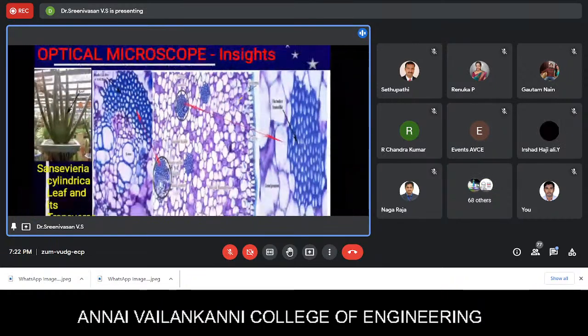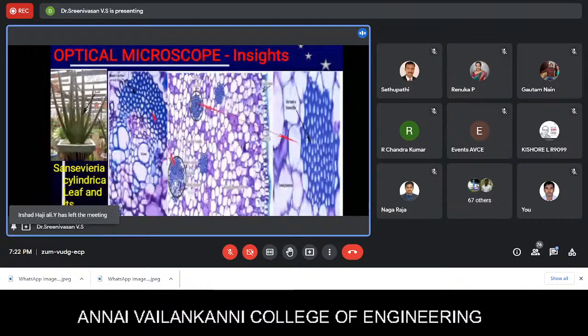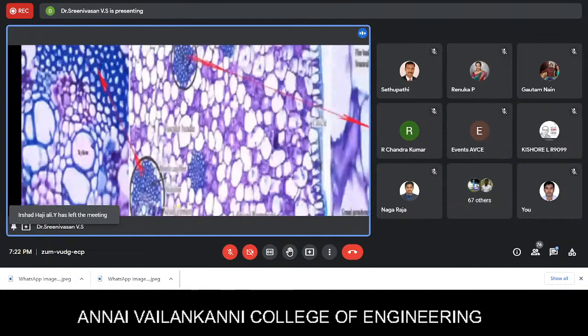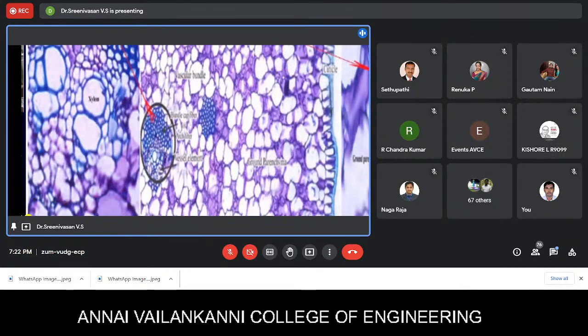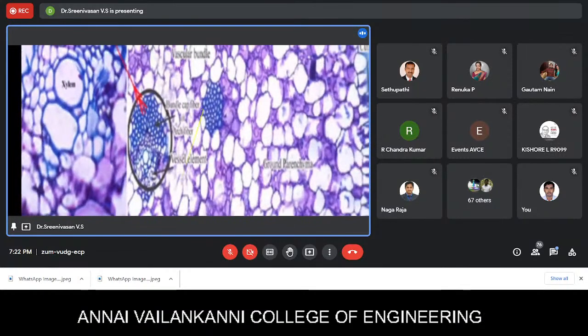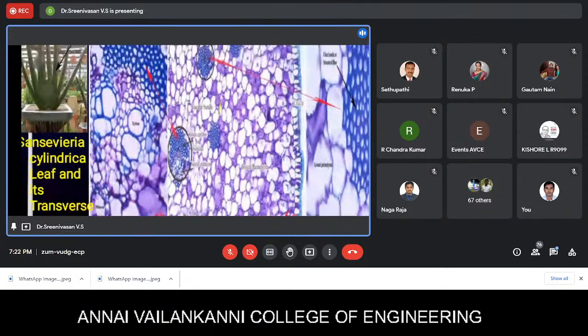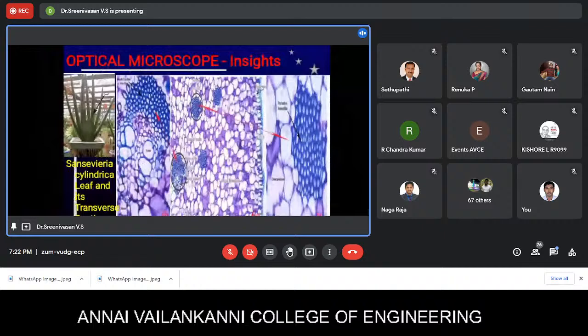That fiber is called the structural fiber, that is magnified on the right side. And another fiber which is available nearer to the center is called the arch fiber. That arch fiber is magnified on the left side diagram.